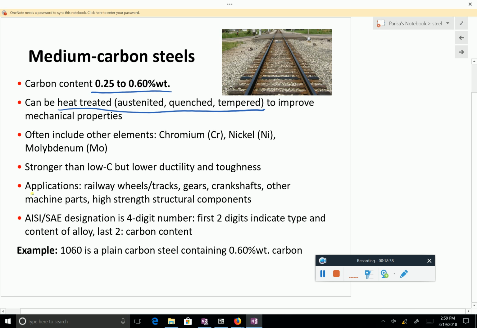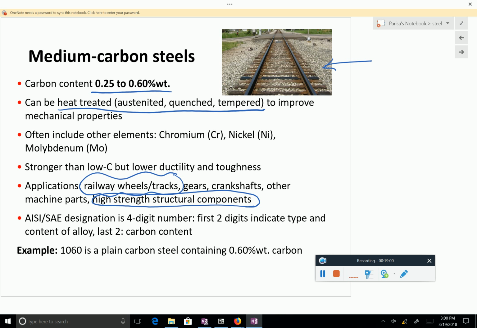What is important is to pay attention to the applications. Sometimes in some structural components, if we need really high strengths, we may use medium carbon steel, but a very important application is in the railway industry, as the picture here also suggests.